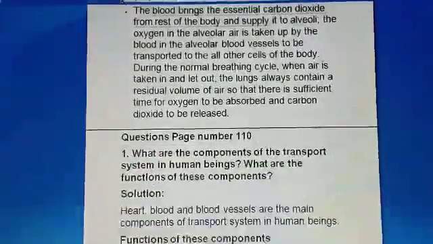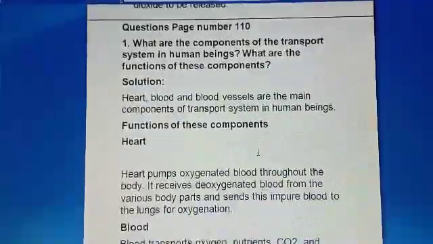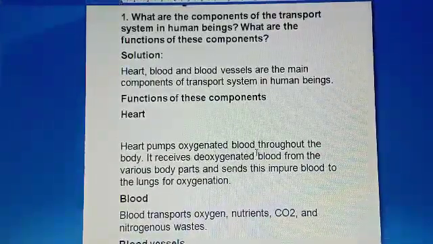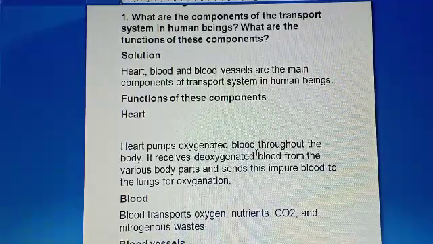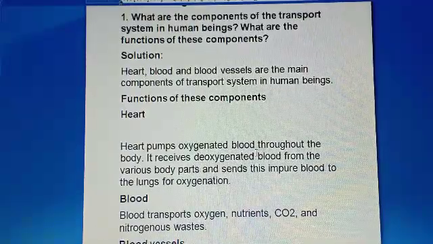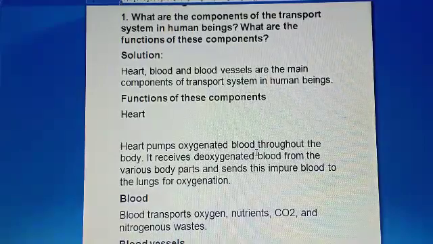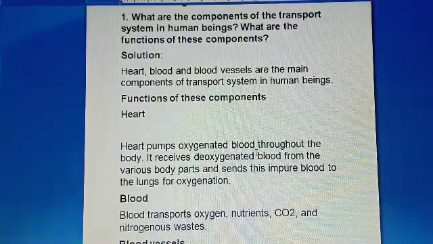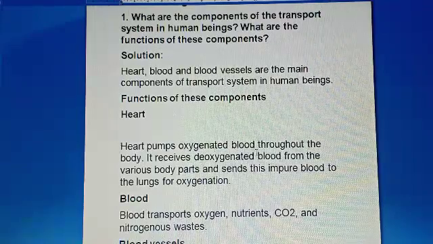Now let's see the next question. What are the components of the transport system in human beings? What are the functions of these components? As we see in the video, the heart, blood and blood vessels are the main components of the transport system in human beings.